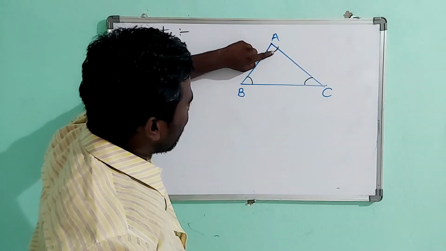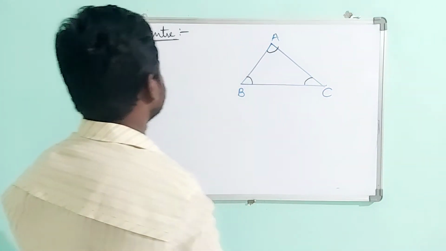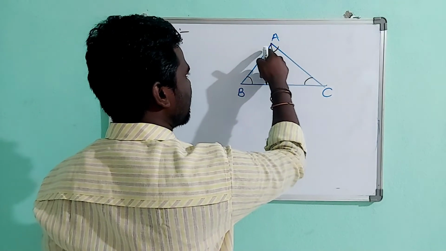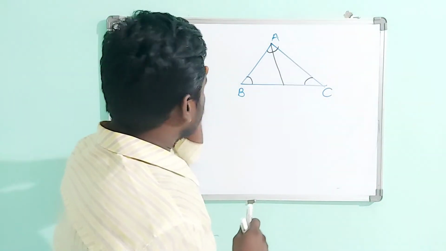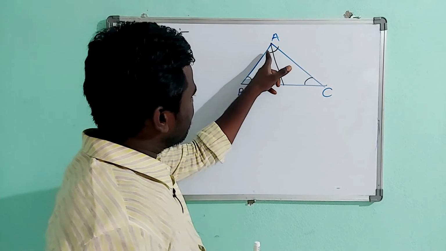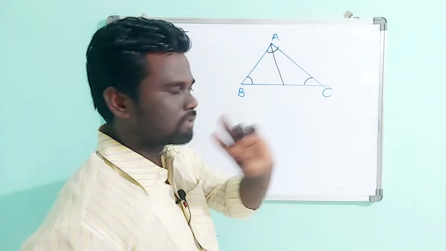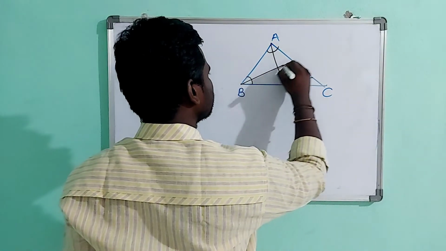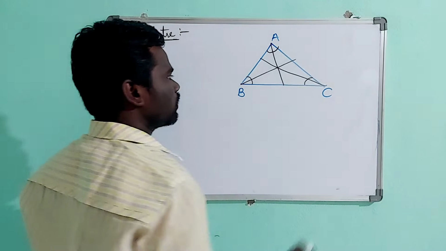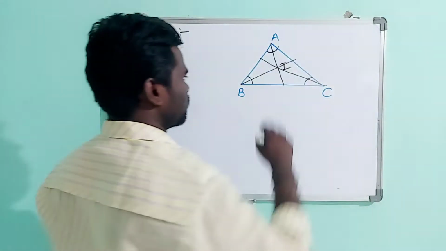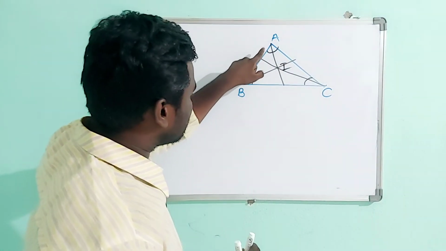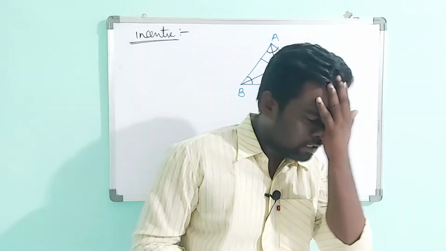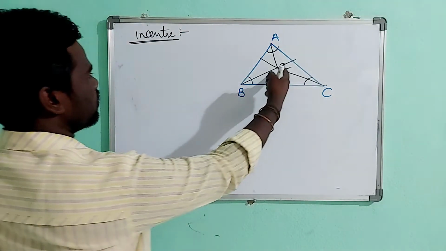Now the internal angle bisector divides the internal angle into two equal parts. The internal angle bisectors are concurrent, and the point of concurrency is called the Incentre. This is one definition. It is denoted by I.